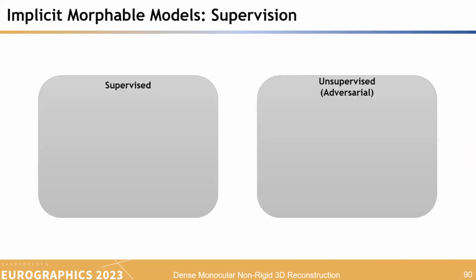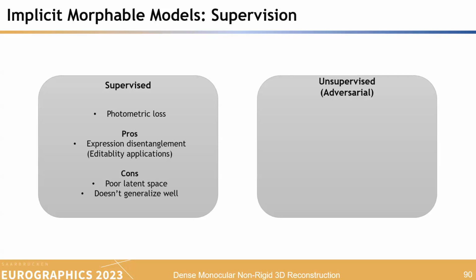Let's now look at methods that rely on implicit representation. This again can be broadly categorized based on the type of supervision used to build these priors. One set of methods uses supervised training, which basically has some reconstruction loss. The advantage of this sort of method is that you can disentangle identity and expression space.